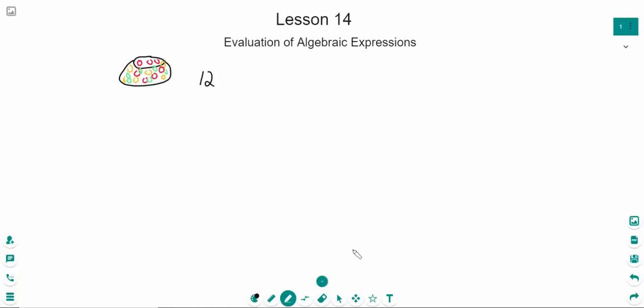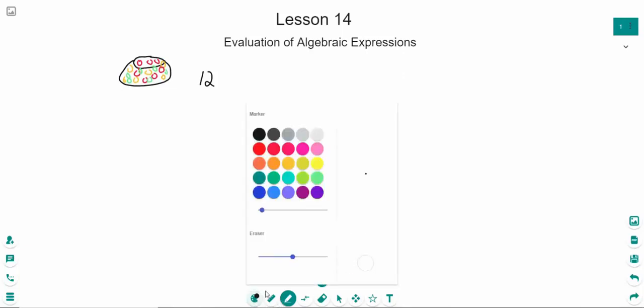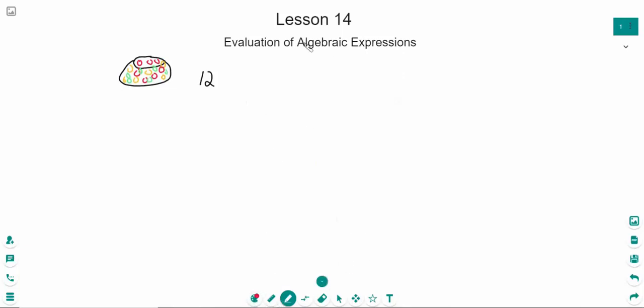So if we think of another way, how else could we write the number 12? Well, I might say another way to write it would be 3 times 4. That is equivalent to 12. So that is another way of expressing how many marbles are in this jar.